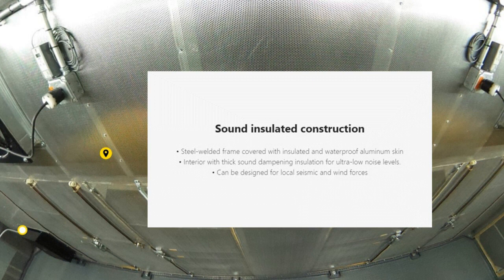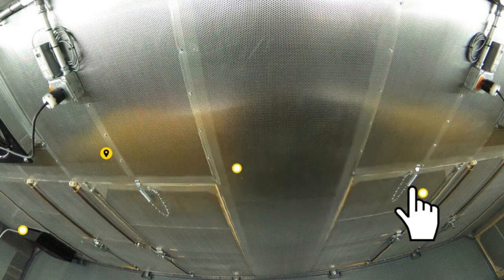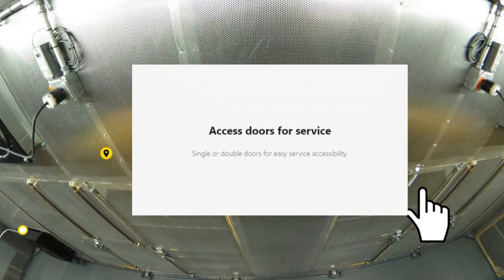The thickness of the walls is dictated by the extremes of the weather conditions. Ample access doors should be, and are, provided to allow for proper service, exit means, and entrance into the package.